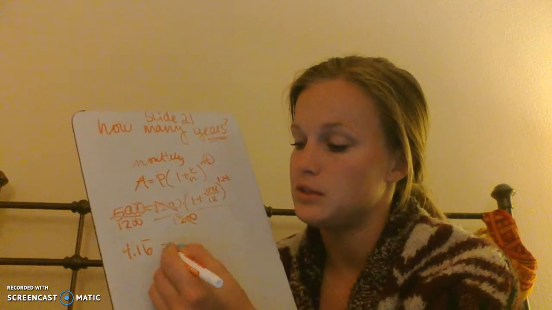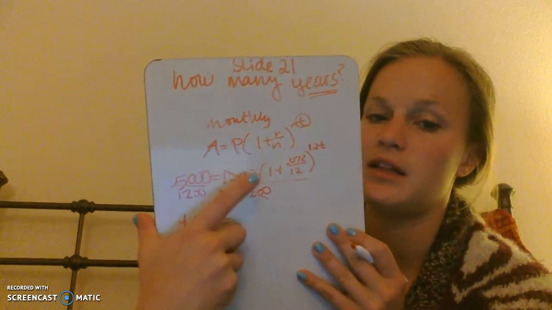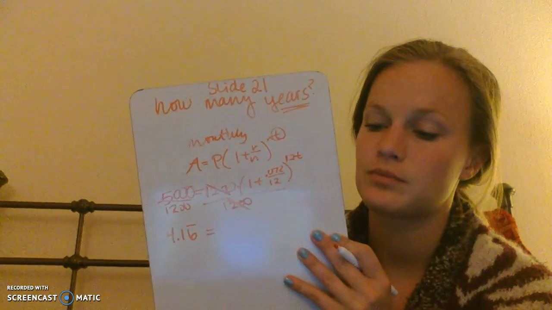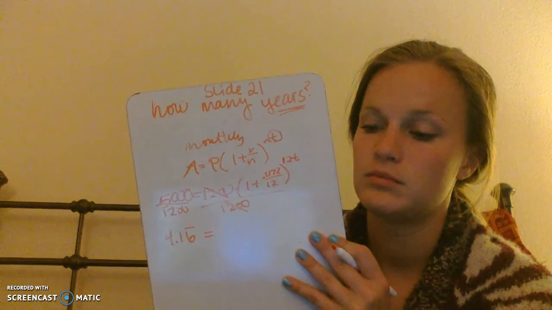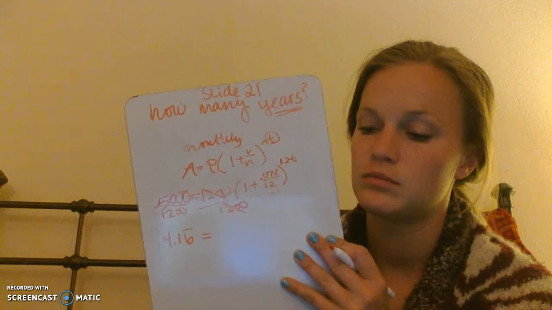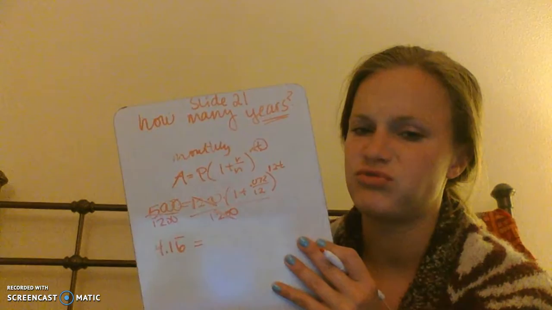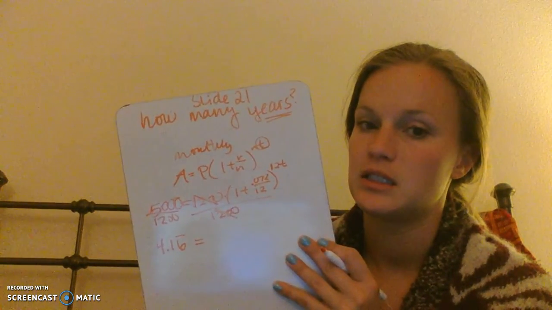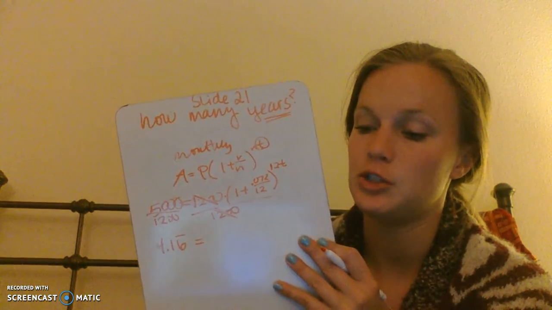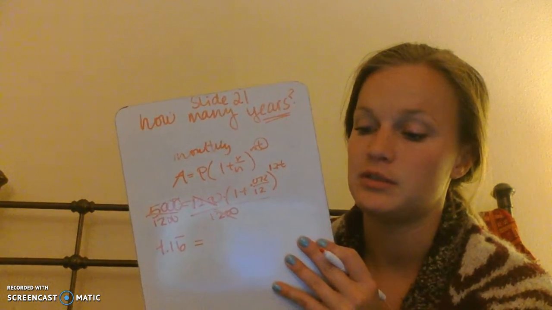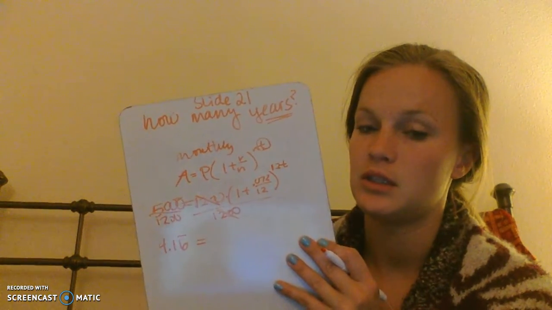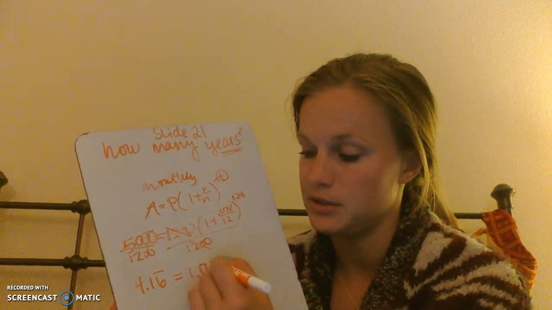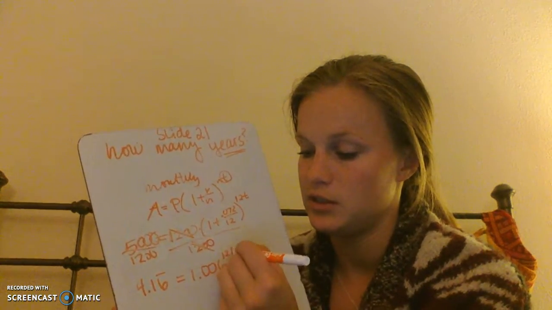And that is equal to, I'm going to simplify this base a little bit. 0.072 divided by 12 plus 1 is 1.006 raised to the 12t.